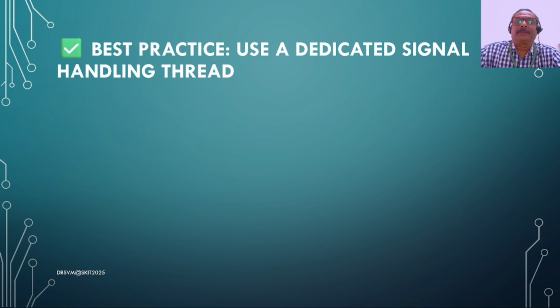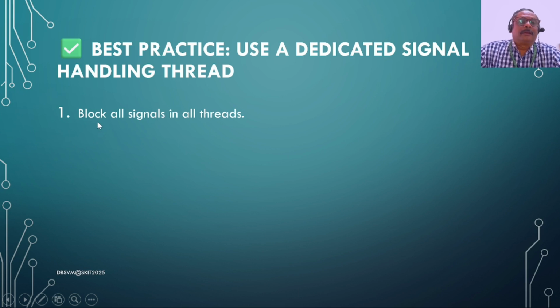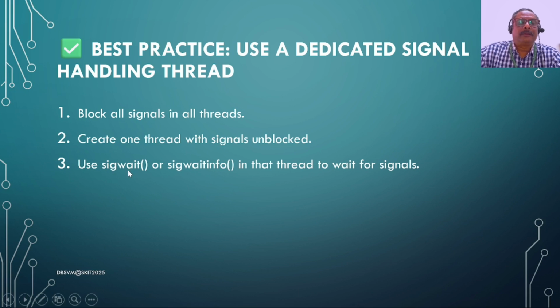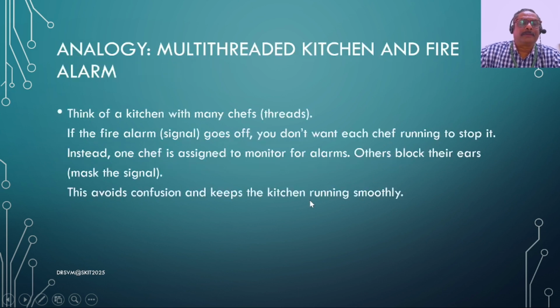So the best practice for a dedicated signal handling thread: block all signals in all the threads, create one thread with signals unblocked, so only one thread can receive all the signals, and use sigwait or sigwaitinfo in that thread to wait for the signals.